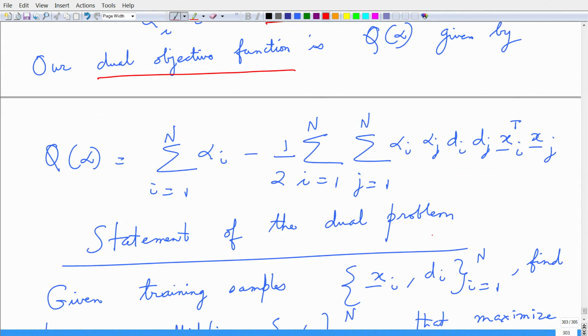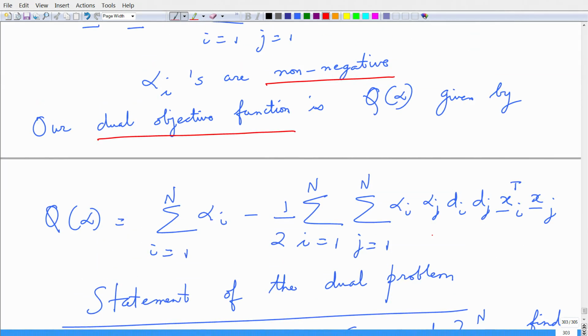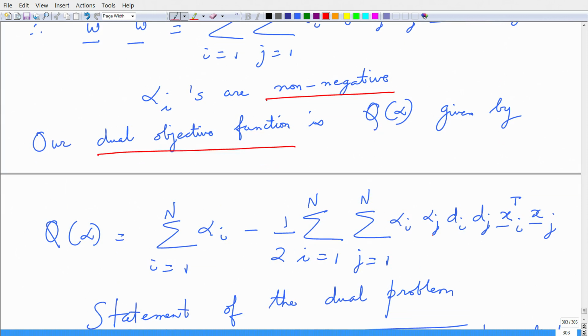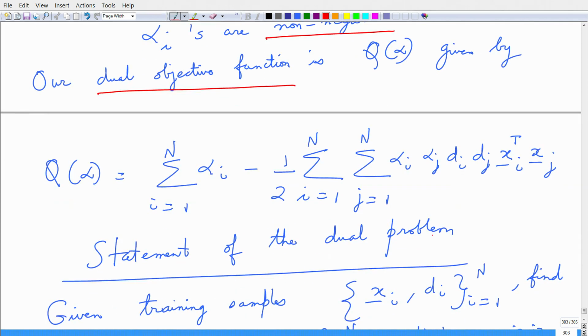This q of alpha is basically summation i equals 1 to n alpha i minus 1 half summation i equals 1 to n, j equals 1 to n alpha i alpha j di dj xi transposed xj. So, this is my setup.